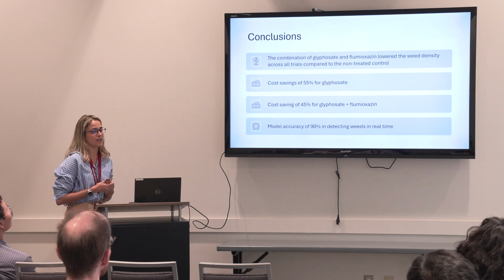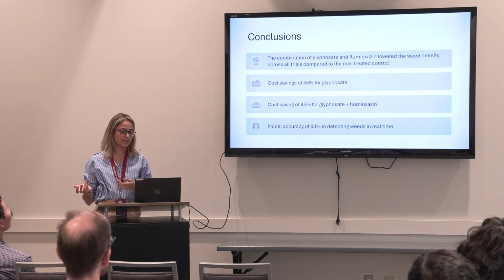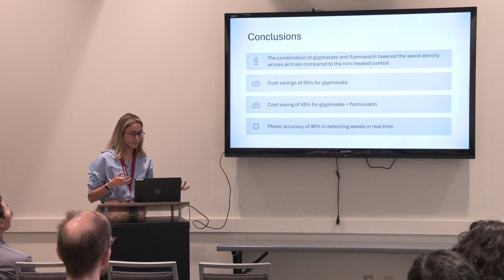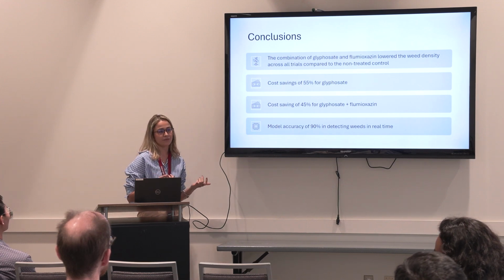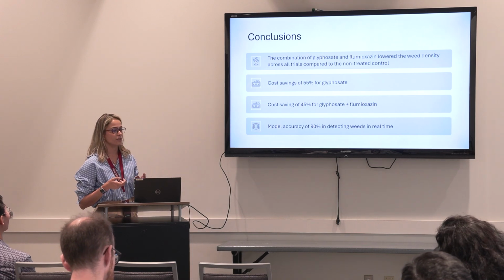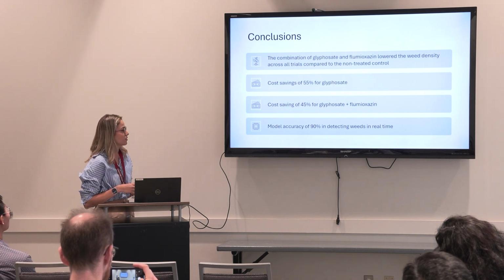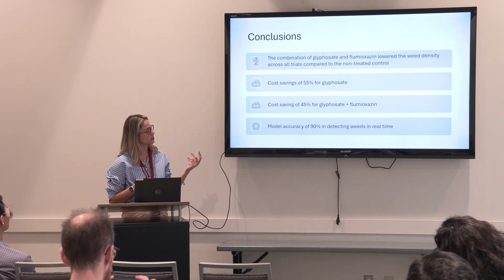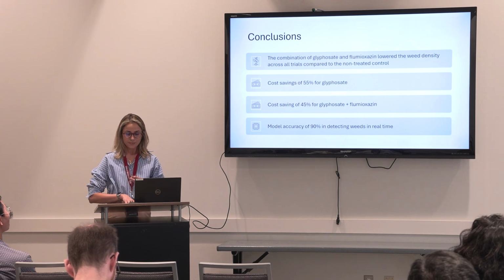As you can conclude, the combination of glyphosate with flumioxazine gives you the best weed control. The cost savings on average can be 55% for glyphosate and 45% for the combination of glyphosate and flumioxazine. And our model accuracy this time was 90% in detecting weeds in real time.